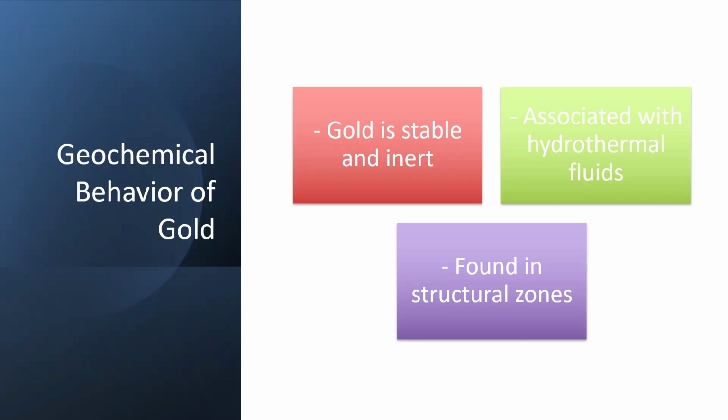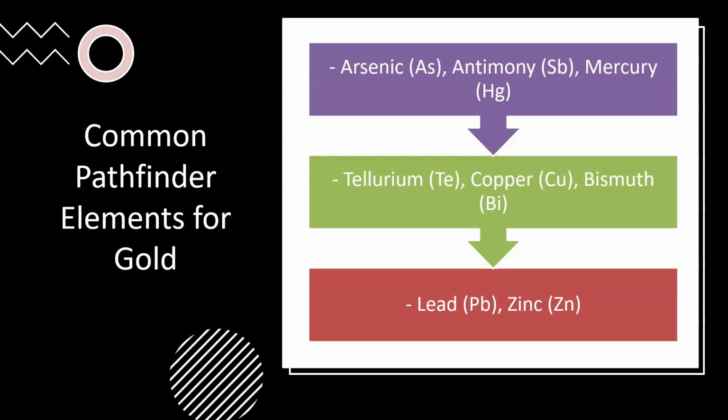And the hydrothermal fluid is associated with some of the known elements that we are looking for. And definitely this must be found in structural zones. So that means the basics would be that you need to first of all define a structure. The structure holds this. When you're able to define a structure, then you are good to go. Then, as I've just said, the common pathfinders we look at.